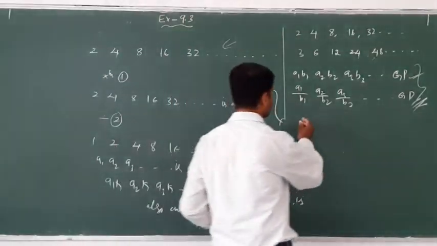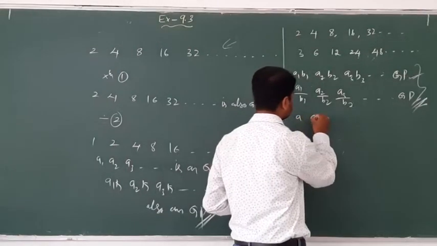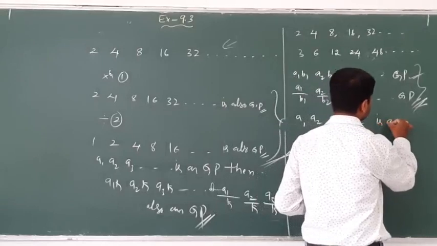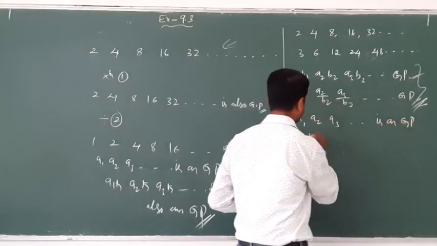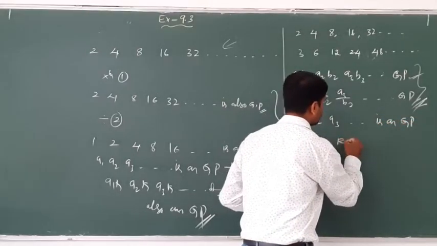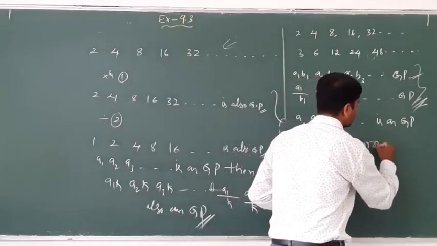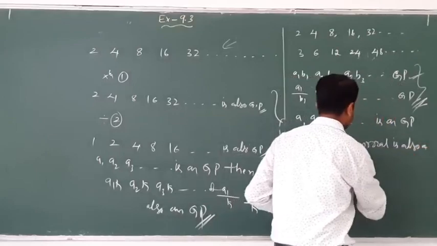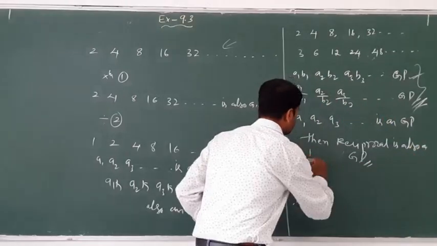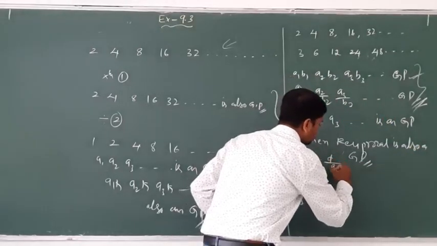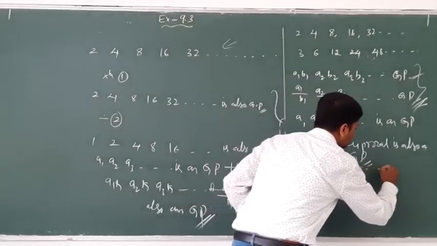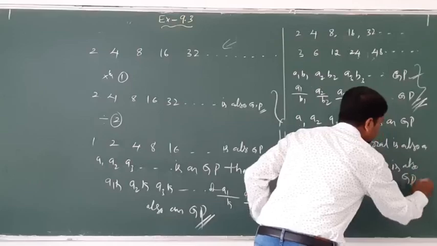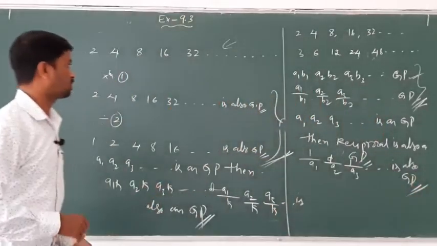If A1, A2, A3 and so on is a GP, then the reciprocal, 1 by A1, 1 by A2, 1 by A3 and so on, is also a GP. This is one of the very important points.